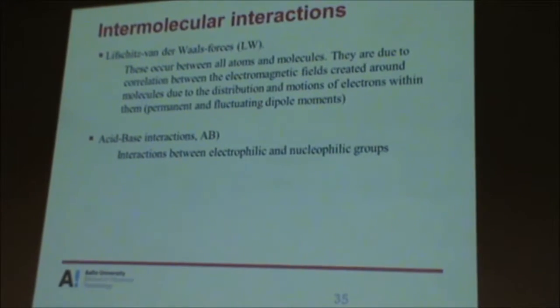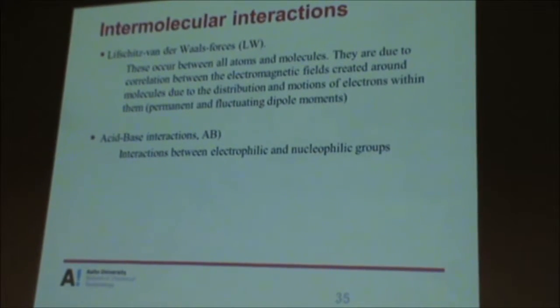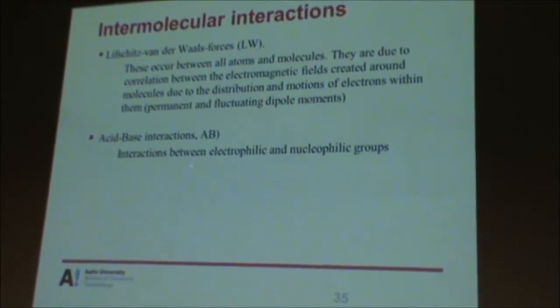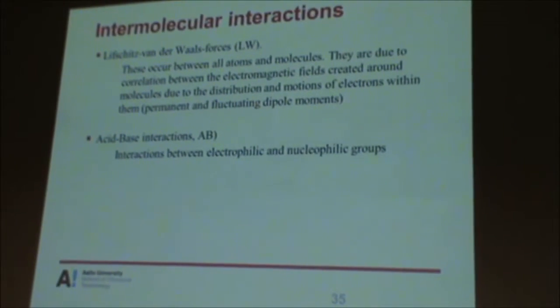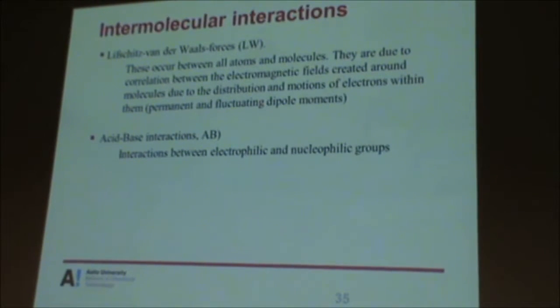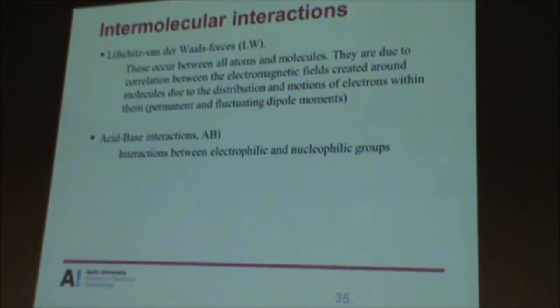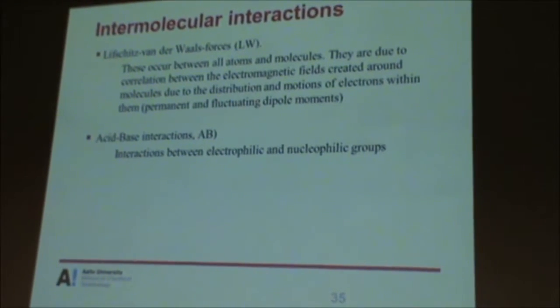Now you also have acid-base interactions, which is interaction between nucleophilic and electrophilic groups. The difference between these two is, in this case, the electron shells have to be actually in contact. In the van der Waals case, they can be a bit far away. It's electron density fluctuation and the effect of field propagating through space.